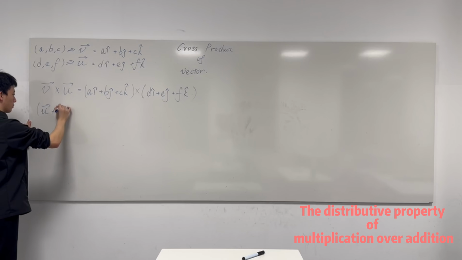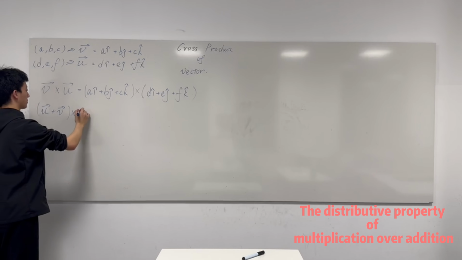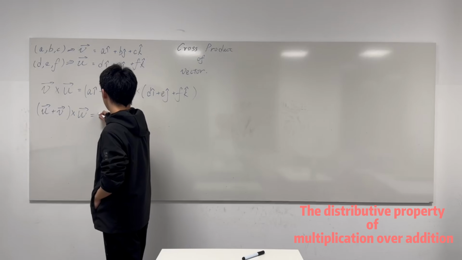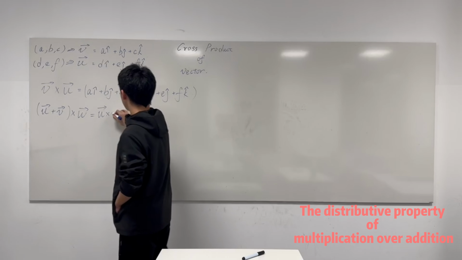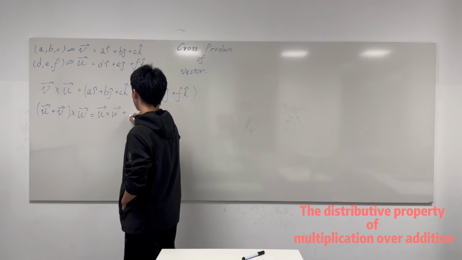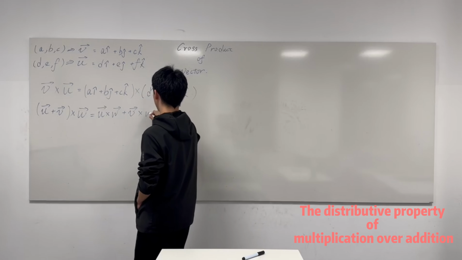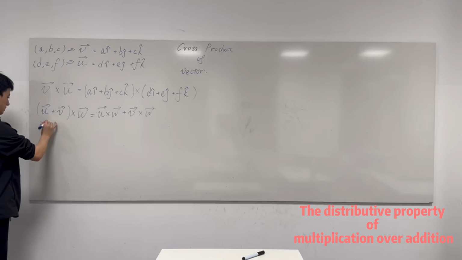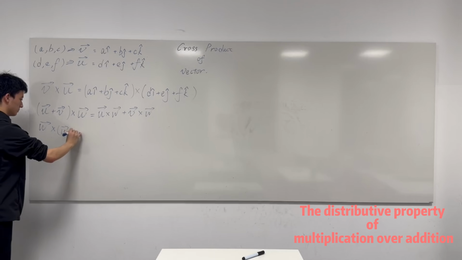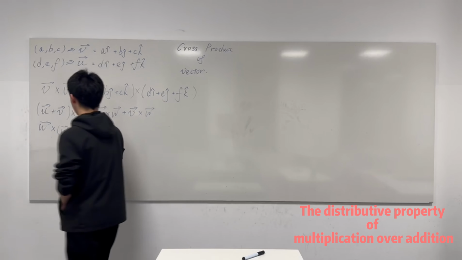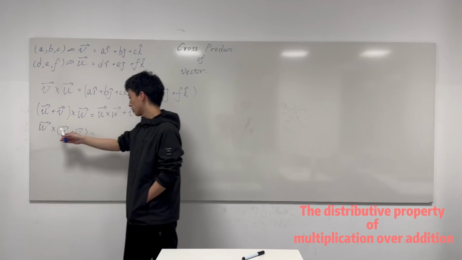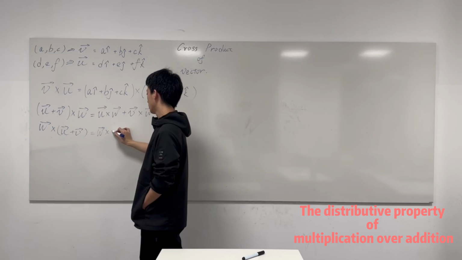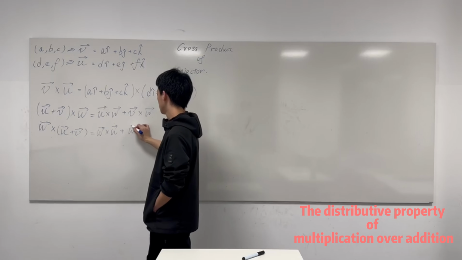Vector U plus vector V, the sum cross product with vector W, is equal to U cross product W plus V cross product W. Or also the same as this: if we use W cross product with U plus V, it's also the same, W cross product with U plus W cross product with V.